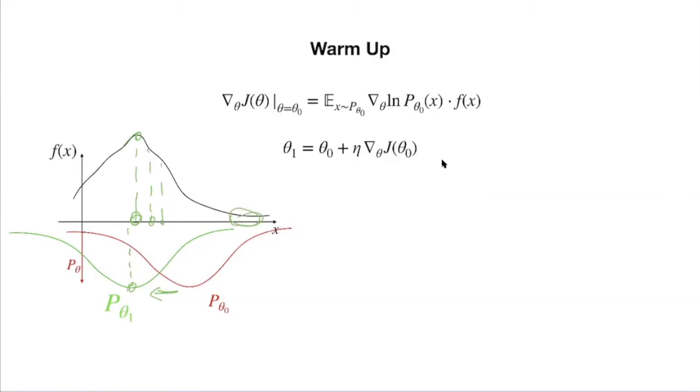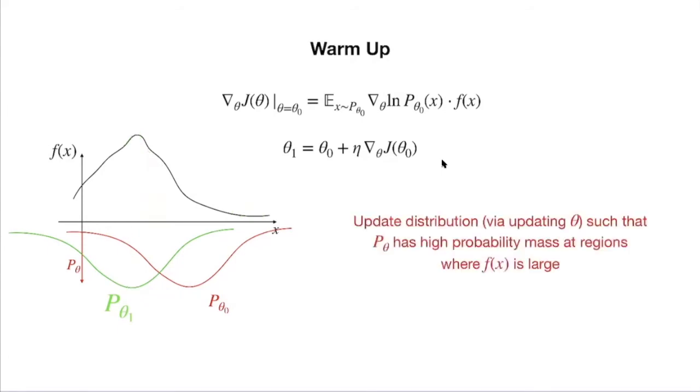That's exactly what this green curve is trying to do. So we update the distribution by indirectly updating its parameterization, such that p theta has high probability mass at regions where f(x) has high values.